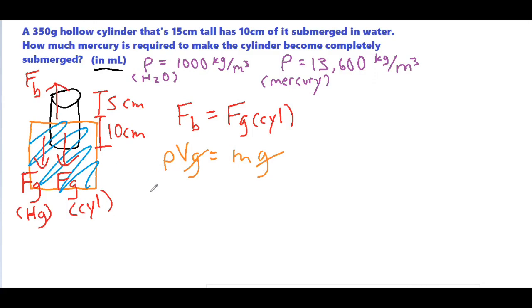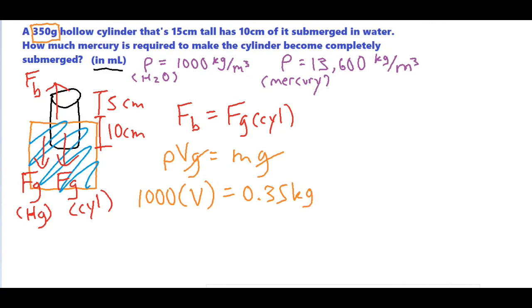We have the rho of water, which is our constant, 1,000 kilograms per meter cubed, as shown up here. And we have a volume that we don't know as of now. And then that's equal to the mass of the cylinder. It says 350 grams. Let me go ahead and divide that by 1,000 and make it 0.35 kilograms.